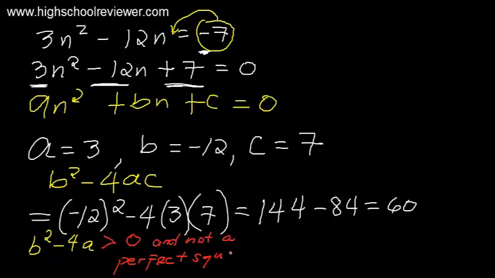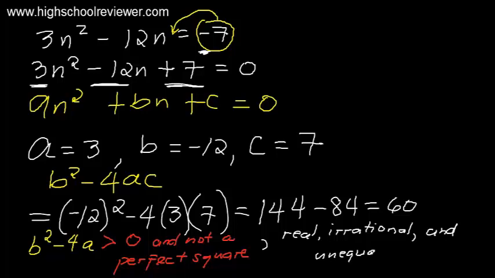So therefore, the nature of the roots here, since our discriminant is greater than 0 and not a perfect square, the nature of the roots are real, irrational, and the roots are unequal. So therefore, real, irrational, and unequal are our final answers.